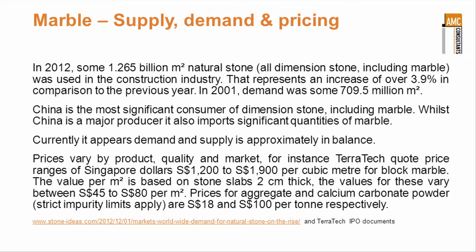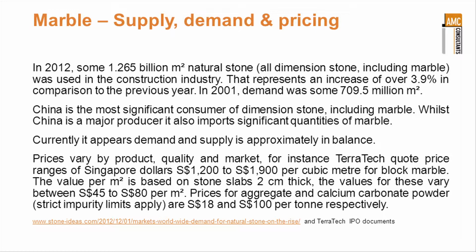The prices vary by product, quality and market. And for instance, TerraTech quote in their prospectus that the prices in Singapore dollars vary from $1,200 to $1,900 per cubic metre for block marble, and the value for marble per square metre based on 2 centimetre slabs varies from $45 to $80 Singapore per square metre.